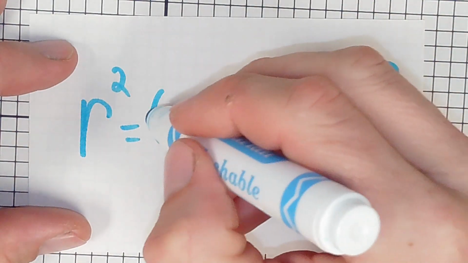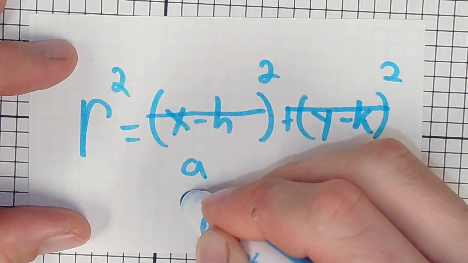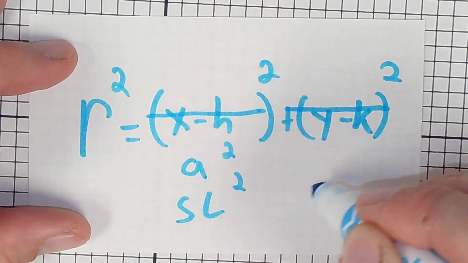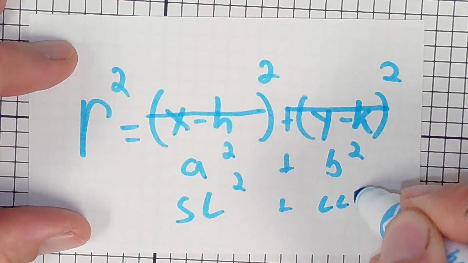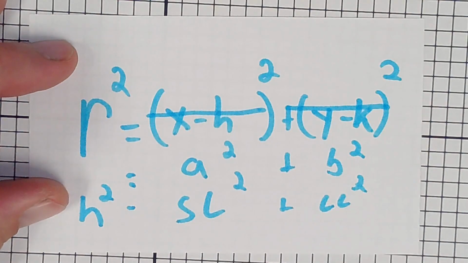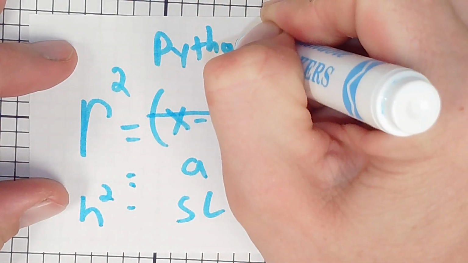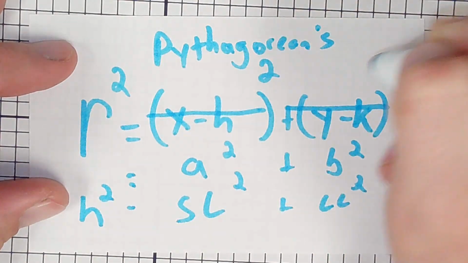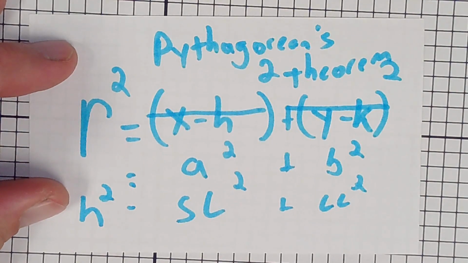If I joined these two into maybe an A, or a short leg, and this was a B, and maybe this was a long leg, and maybe we turn this into a hypotenuse, you might say to yourself, hey, that looks really close to or identical to Pythagorean's theorem, because that is how it is derived.